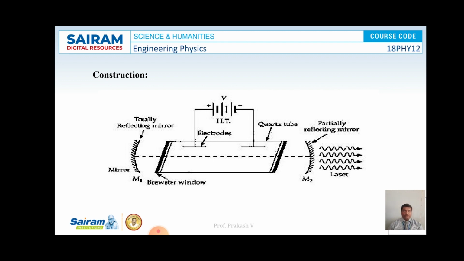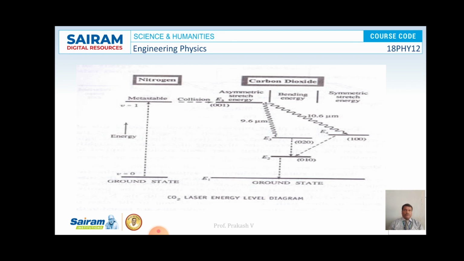And let us look at the working part. In order to explain the working, let us look at the energy band diagram here. By looking into this, we can clearly explain what is going to happen in the case of CO2 laser. When an electrical discharge is passed through the CO2 gas, the electrons collide with nitrogen molecules and raise them to an excited state.